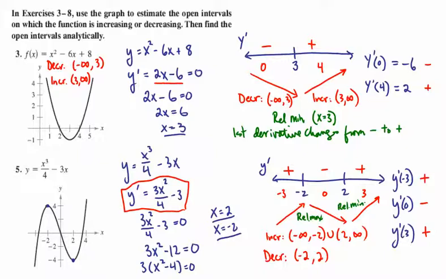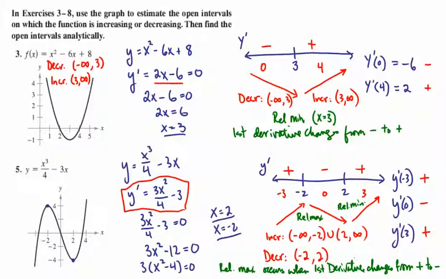The relative max occurs when the first derivative changes from positive to negative.